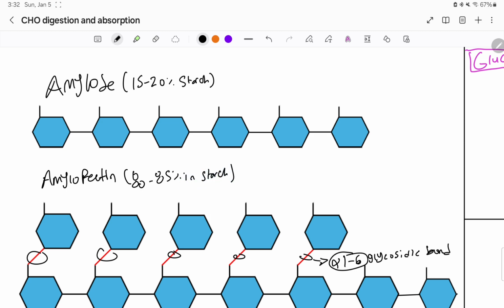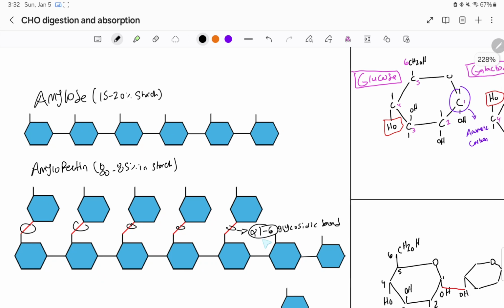Okay, cool. Now, so we talked about these branched bonds in red, right? What about the regular bonds here that are just connecting these monosaccharide units together? Well, these regular bonds, and let me do it here actually, are called alpha 1 to 4 glycosidic bonds.